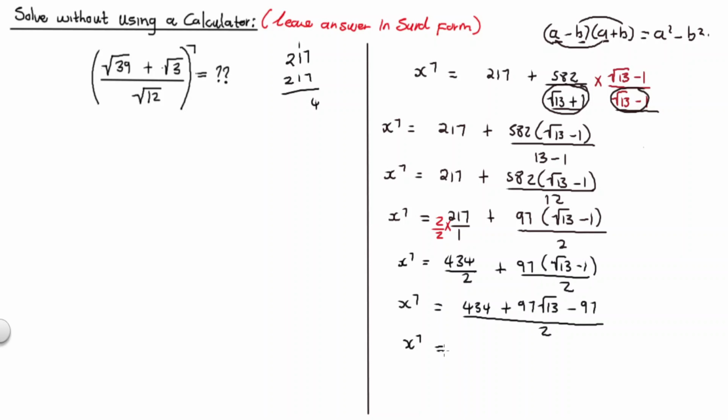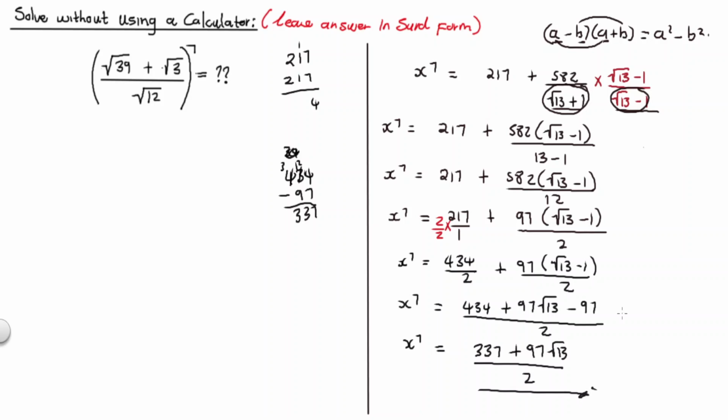Then x raised to exponent 7 is equal to 434 minus 97, which is 337, so 337 plus 97 square root 13, divided by 2.